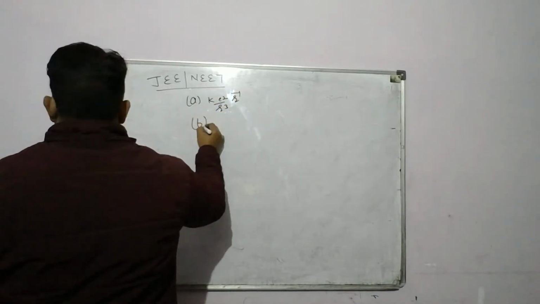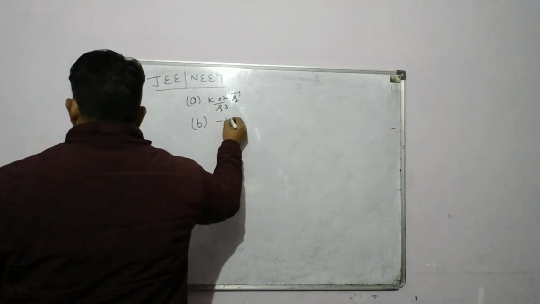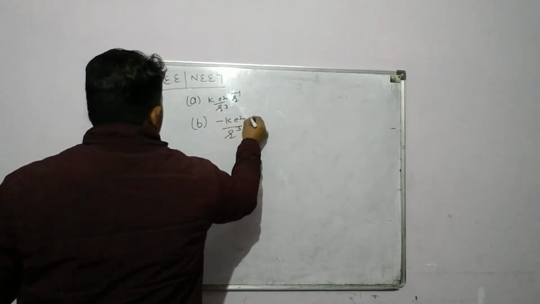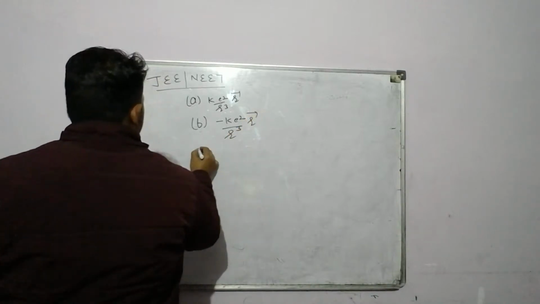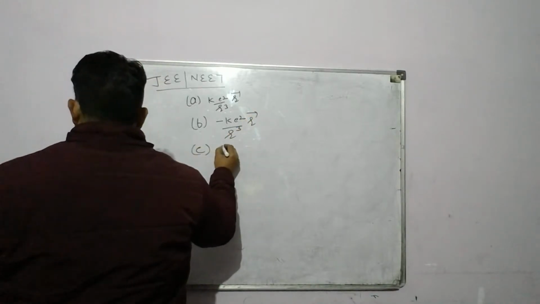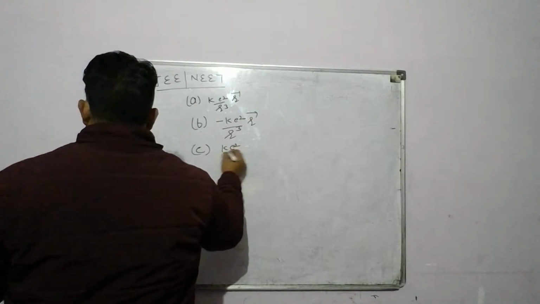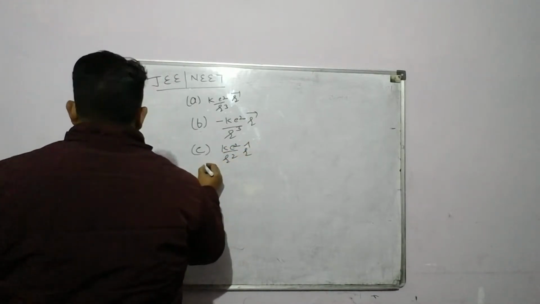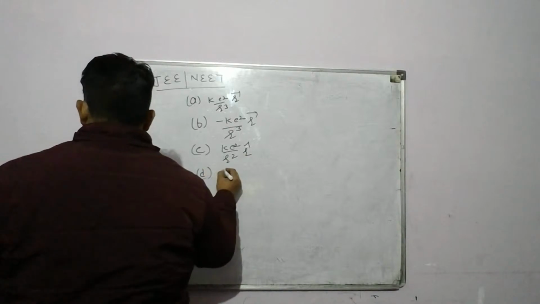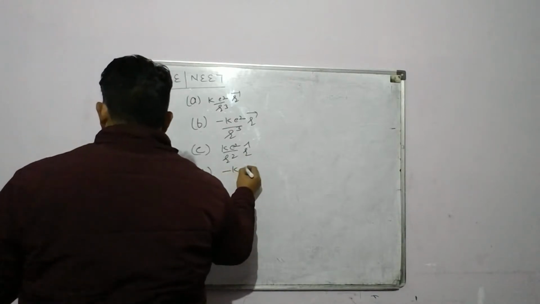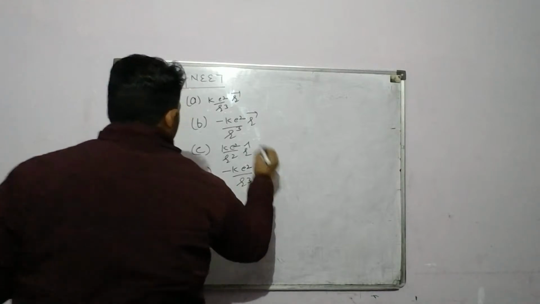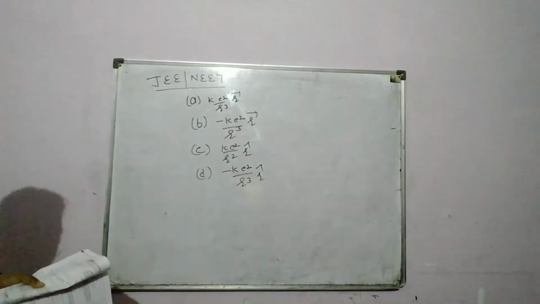B option is minus k e square upon r cube into r vector. C option is k e square upon r square unit vector r, and D option is minus k e square upon r cube into unit vector r. These four options are given.